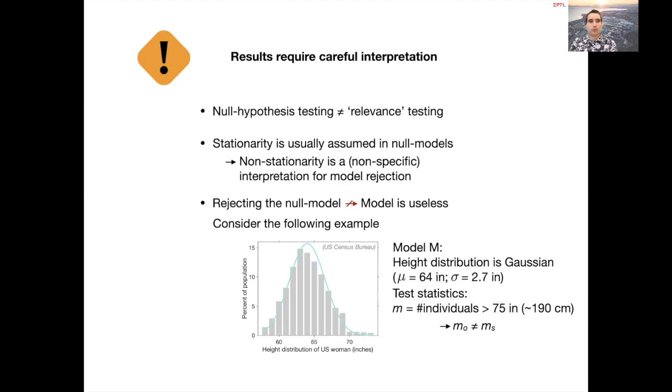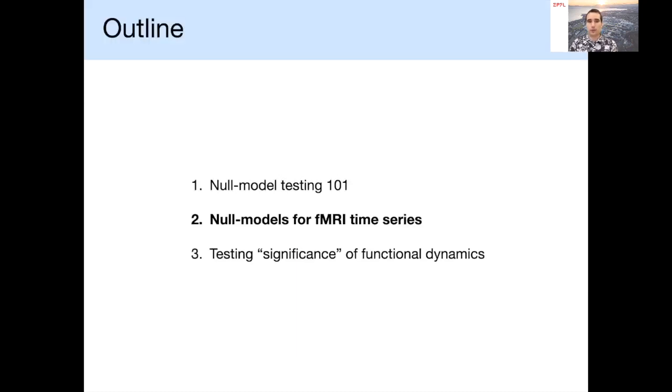Okay, so this is it for the basics of null model testing and a few preliminary warnings on how to interpret or not interpret the outcomes of null model testing. Let's now move to and describe null models of fMRI time series.